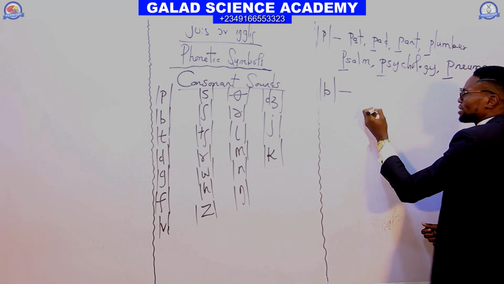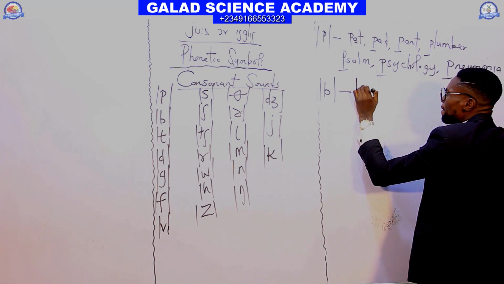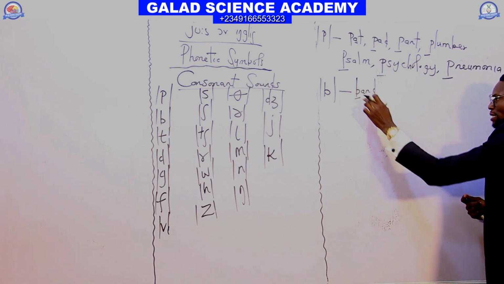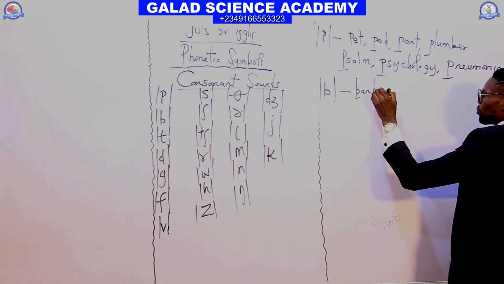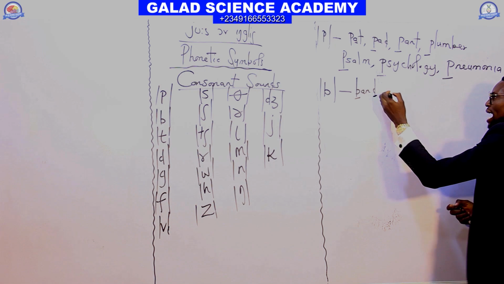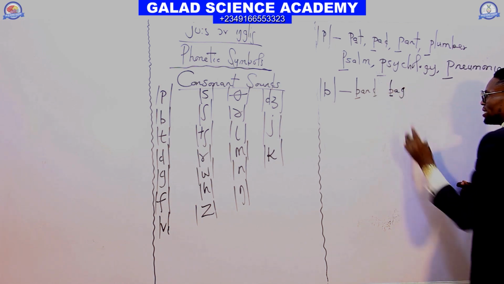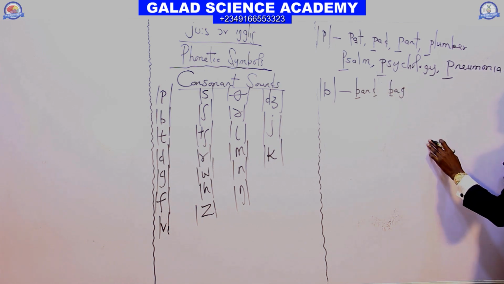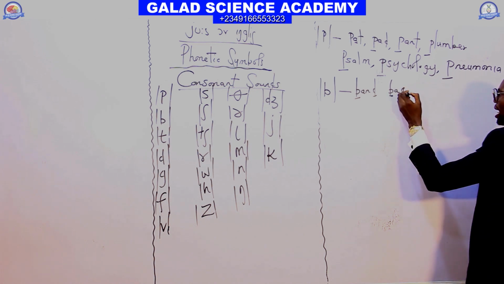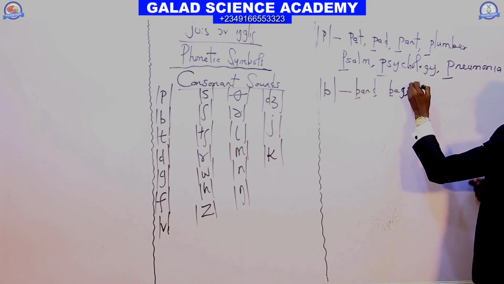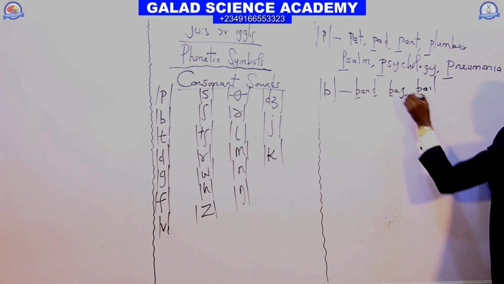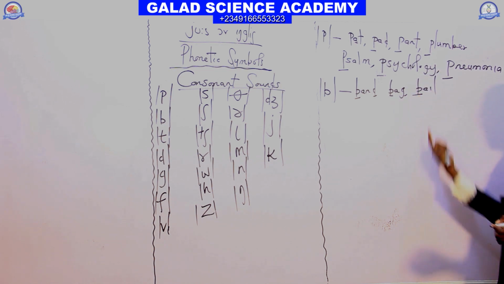For example, where I have band, this is voiced. Where I have bag, this is voiced. Where I have ball or bail, this is voiced.